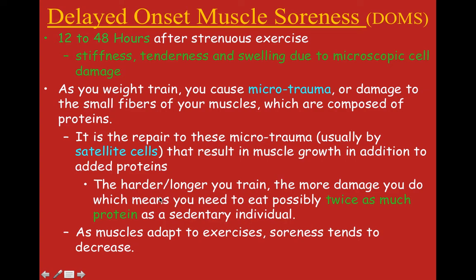Make sure you're replenishing those proteins with twice as much protein intake in your diet. That could be in the form of shakes, an extra steak, or some other source of protein. Then as your muscles adapt to your exercise, soreness does tend to decrease because the adaptation occurs and you're not causing that micro trauma like you were at the beginning.